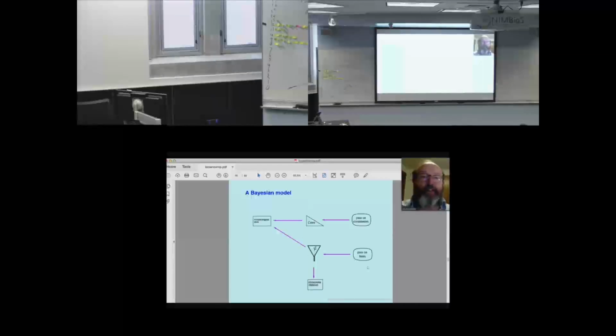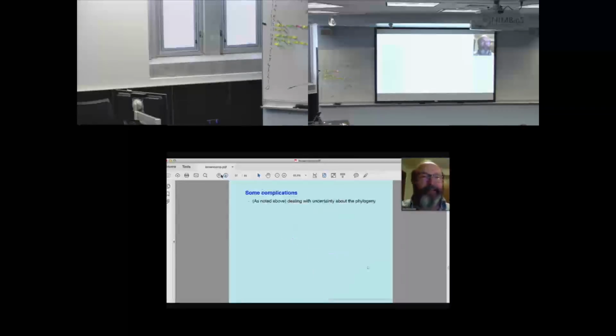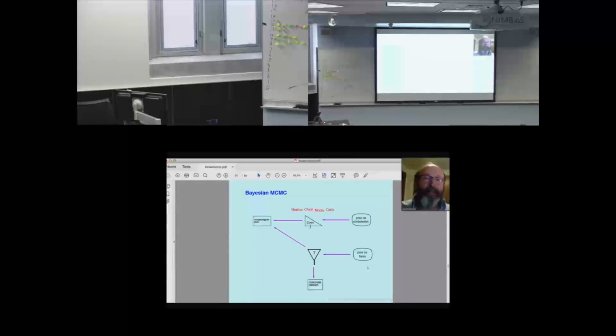Let's start wandering in tree space and wandering in covariance matrix space. And here's my silly thing. There they are wandering. This is Markov chain Monte Carlo. And the result would be you would end up with a posterior sample of your covariance matrices.